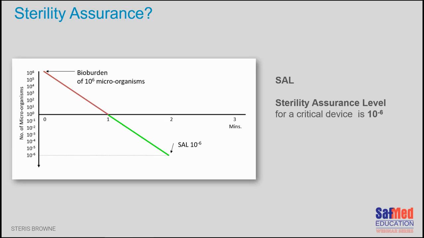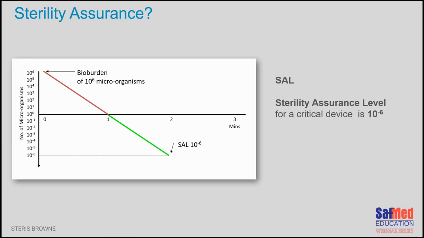So when we're sterilizing a device, we sterilize it for the period of time that it would take to get to the level of 0, and then we double that. Now, in a steam sterilizer, under normal circumstances of 134 degrees, that process will take about 2 minutes to get us over there.